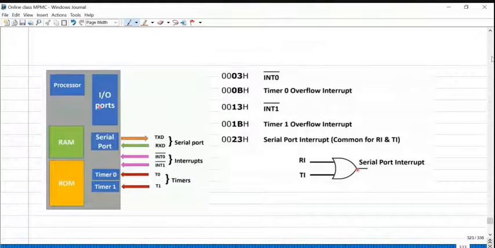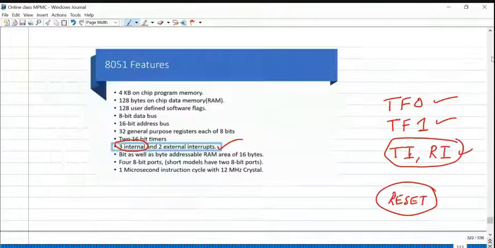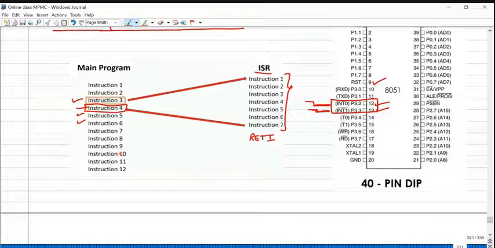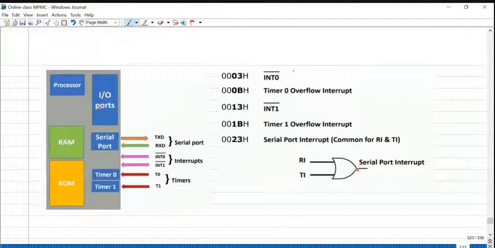I told you whenever an interrupt occurs, the interrupt service routine will be executed by the processor. Each and every interrupt has a fixed memory location. Say for example, when the INT0 external interrupt occurs, the processor starts executing the instructions available from location 0003 onwards.